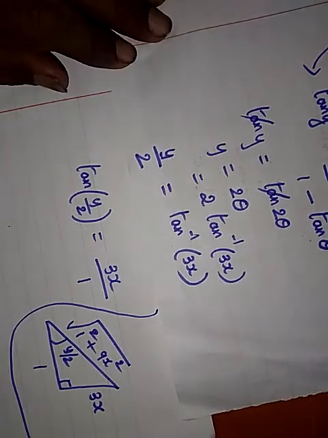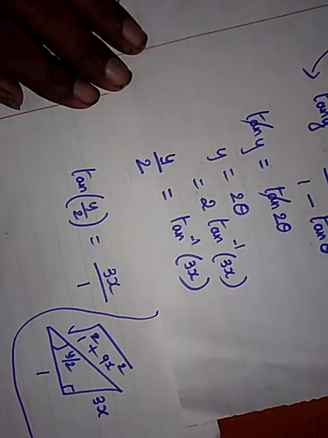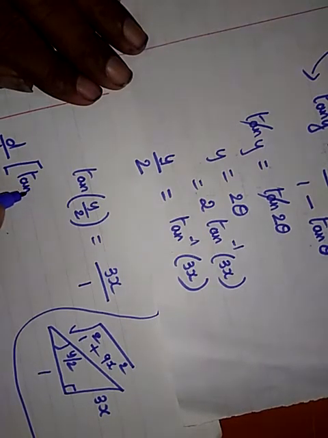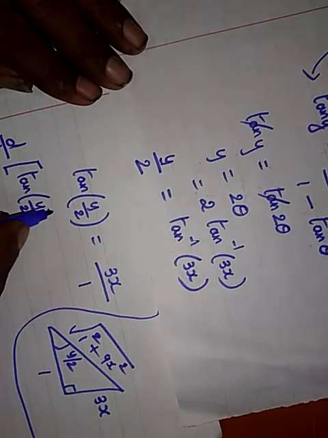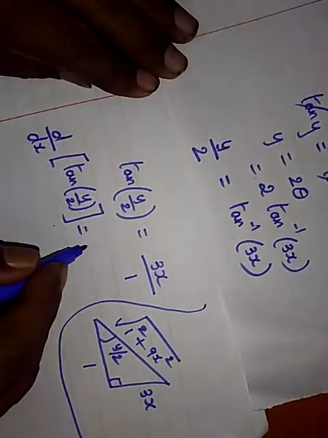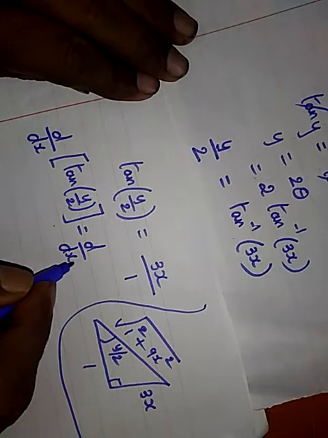Now differentiating both sides with respect to x. So d by dx of tan y by 2. If you differentiate left hand side, you have to do the same thing right hand side, d by dx of 3x.